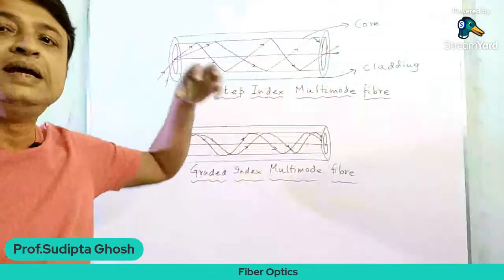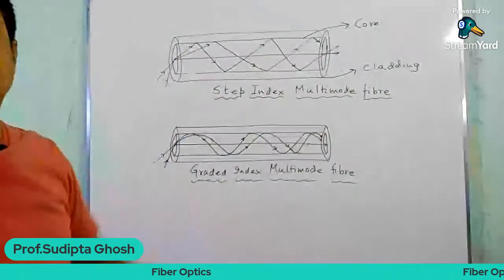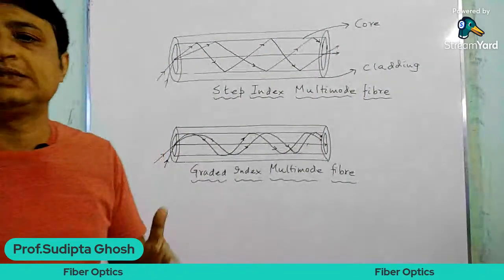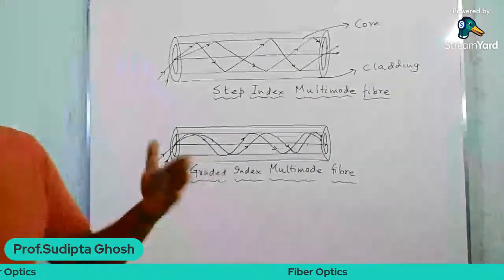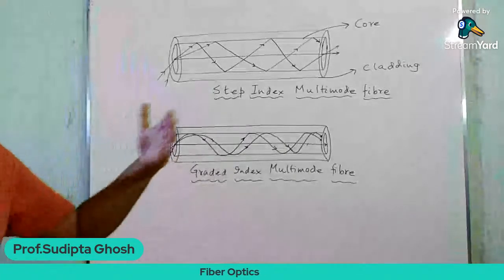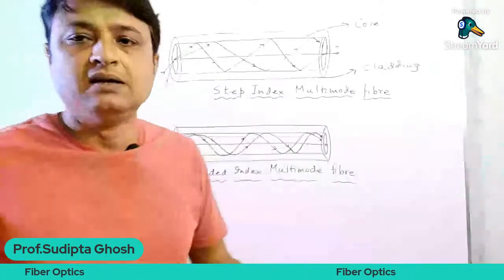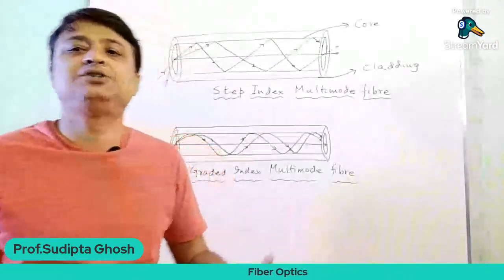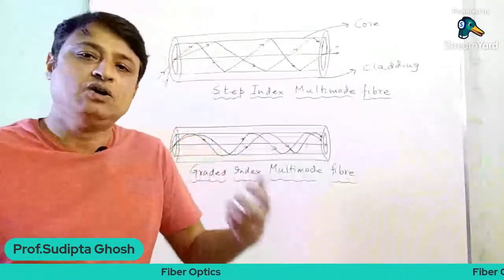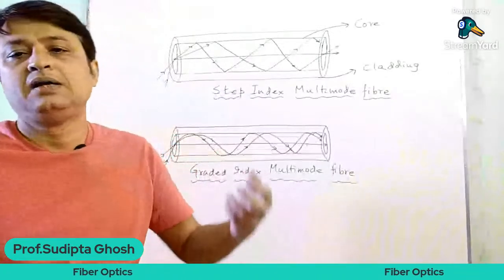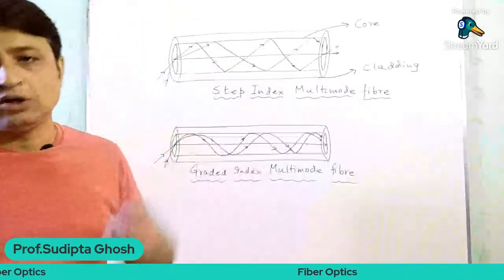It must be inside the core of the fiber, so that the losses can be reduced. And that is another purpose of the cladding material, that it reduces the scattering losses of an optical signal inside the core.